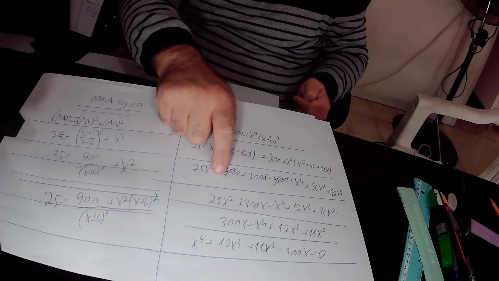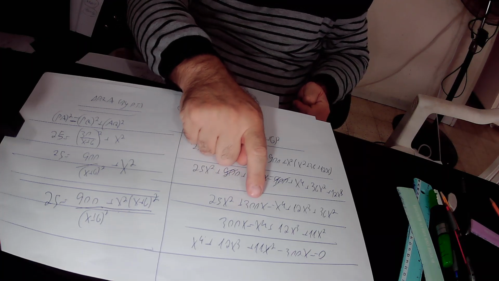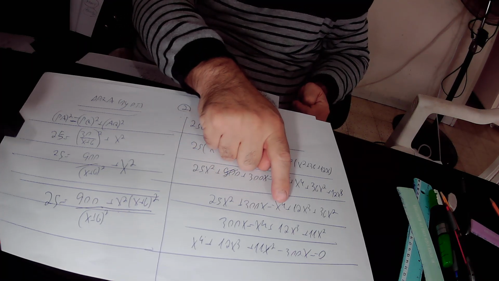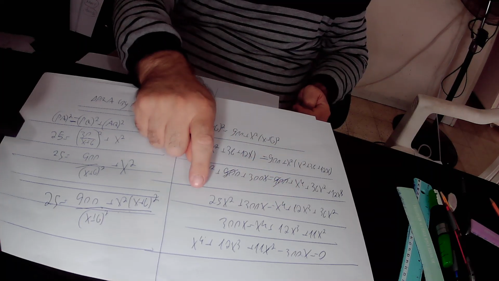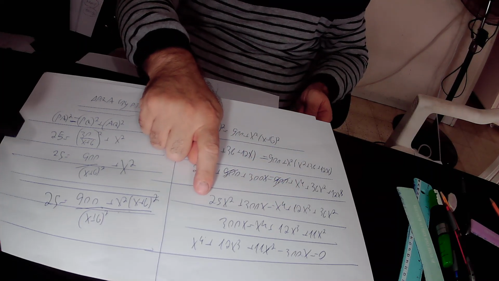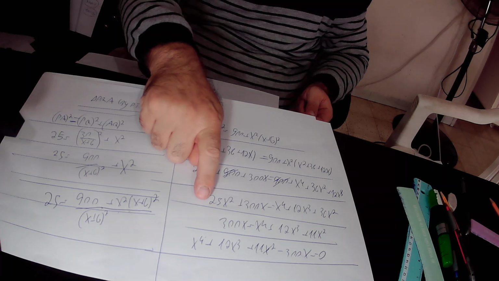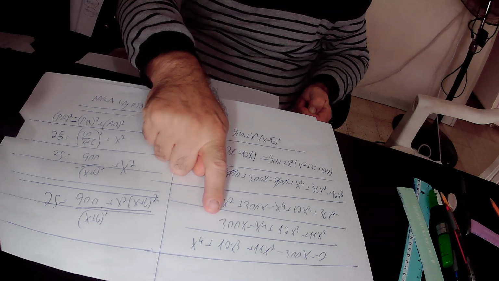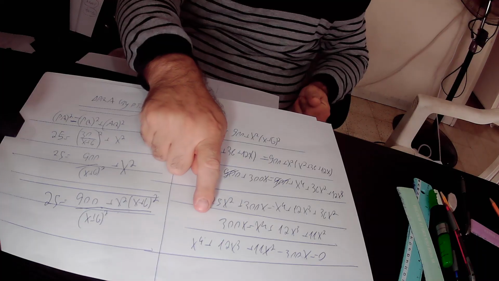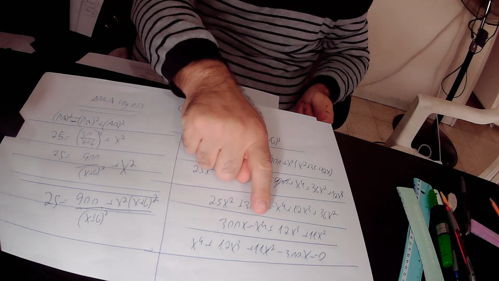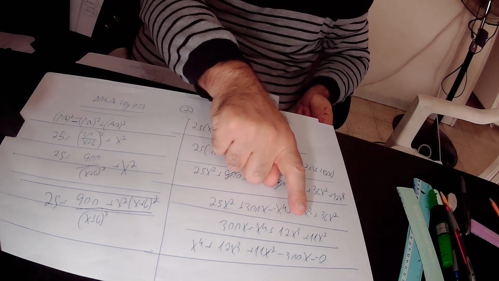So in total we found out that 300x equals x to the power of 4 plus 12x cubed plus 11x squared. Here we subtract 300x from this equation, and finally found out that x to the power of 4 plus 12x cubed plus 11x squared minus 300x equals 0.